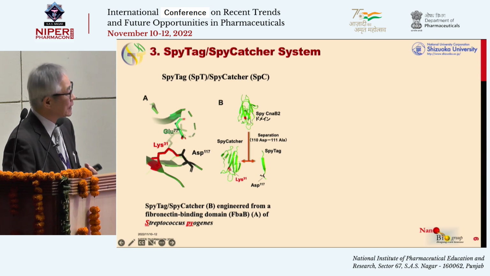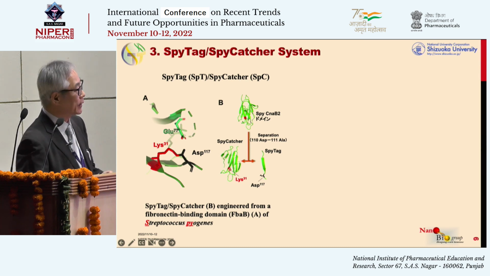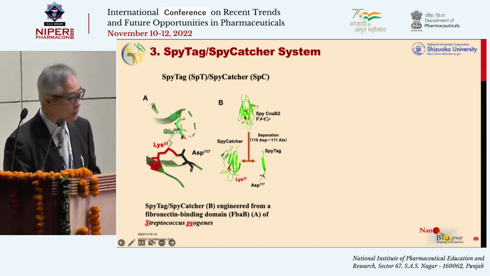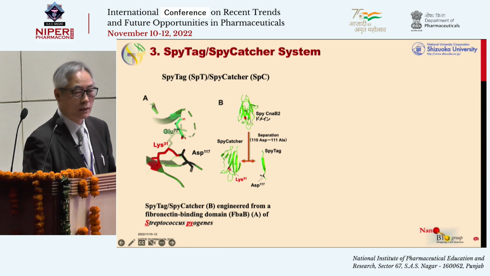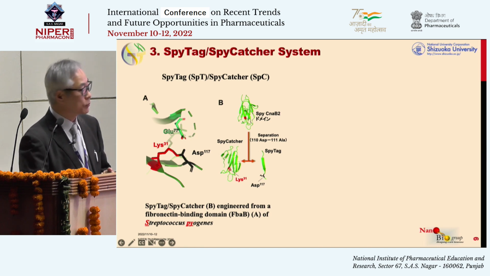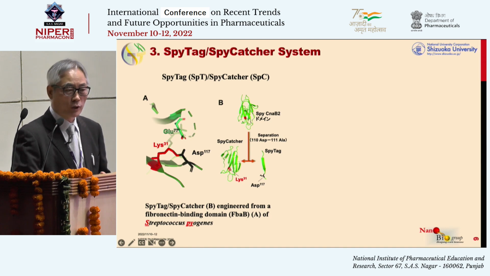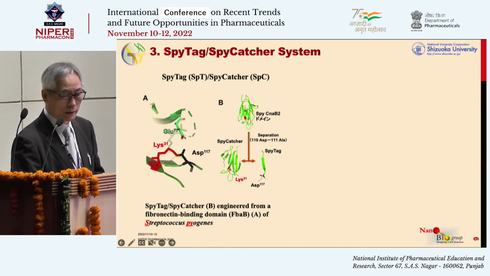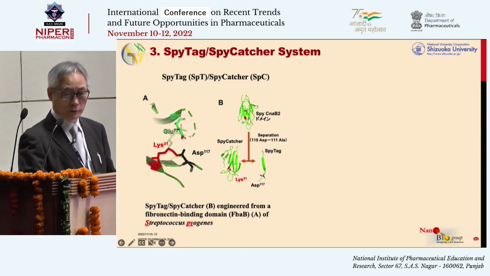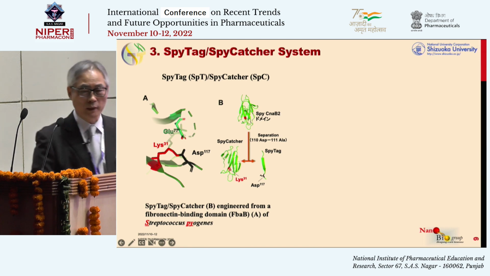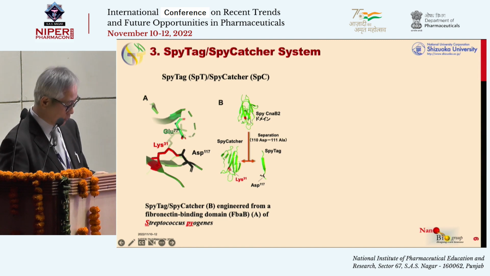This protein is easily divided into two subdomains. For example, here, asparagine 110 and alanine 111 amino acids can be easily divided. We get a bigger subdomain, SpyCatcher, and a small subdomain, SpyTag. They have two amino acids, lysine and aspartic acid. These two amino acids easily bind together. We use this property for VLP display technology.